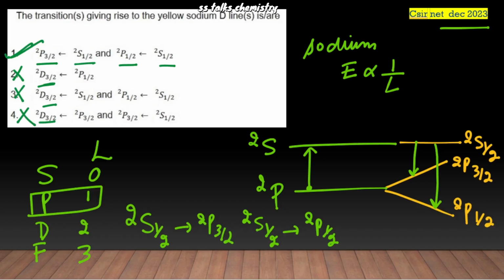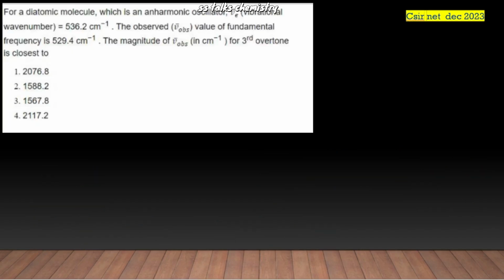Next, this question. For a diatomic molecule with an anharmonic oscillator, the omega_e value is given to be 536.2 cm^-1. Let's just note this, 536.2 cm^-1.